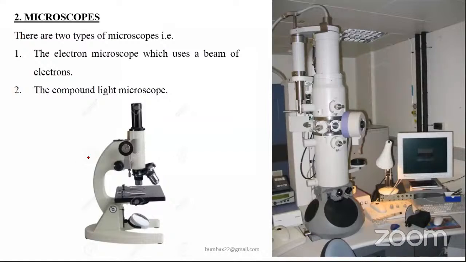For the electron microscope, unless you do personal research, O level runs from senior 1 to senior 4, and you are not expected to learn how it works and its different parts. That is for A level. The individual parts you are supposed to know are those of the light microscope.